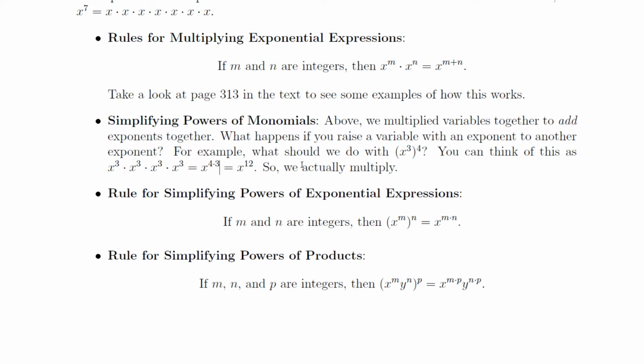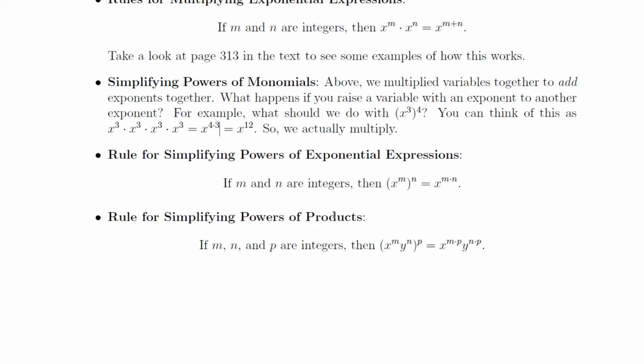So when you are multiplying the same base with different exponents, you add the exponents. Down here, I'm raising something with an exponent to an exponential power, and you multiply. So it's a little bit different in that regard.